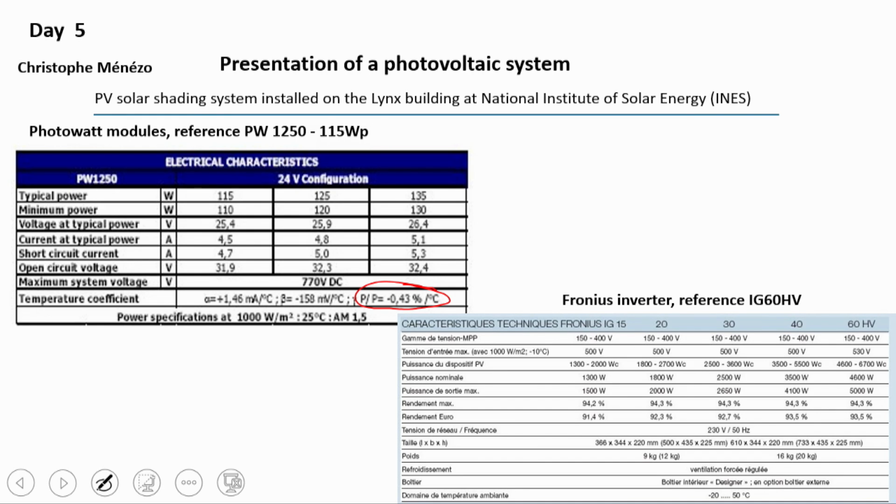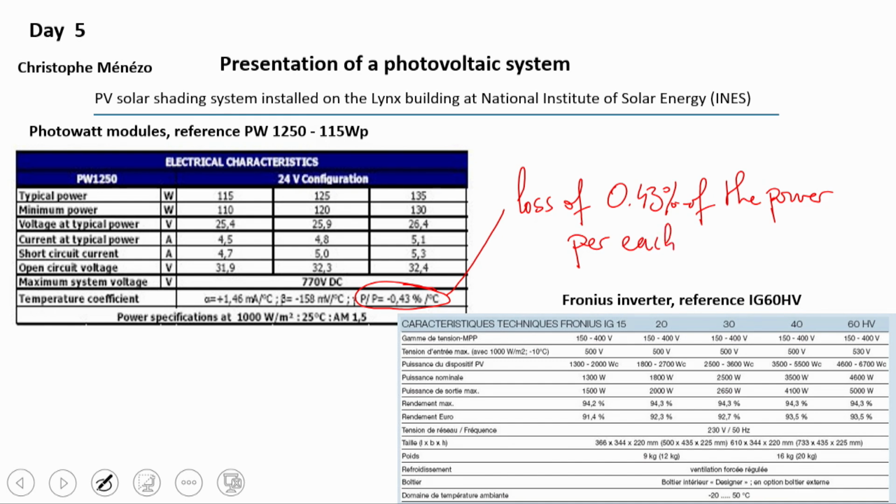So that means that you are losing 0.43% of the power per degree over 25 degrees.